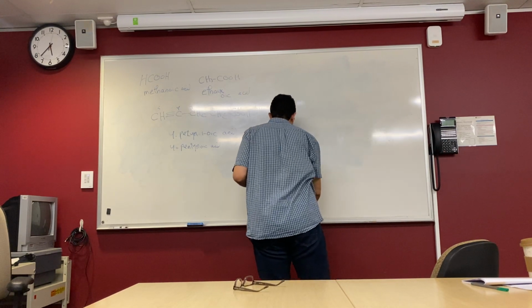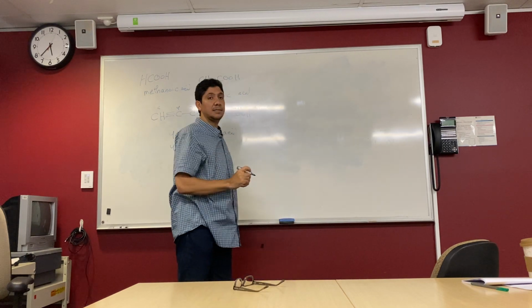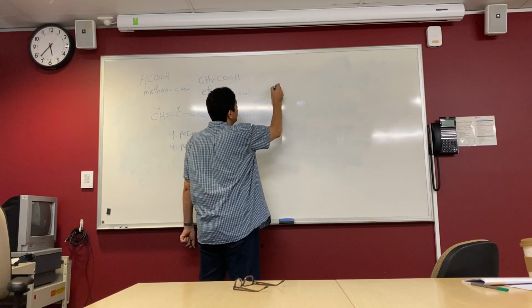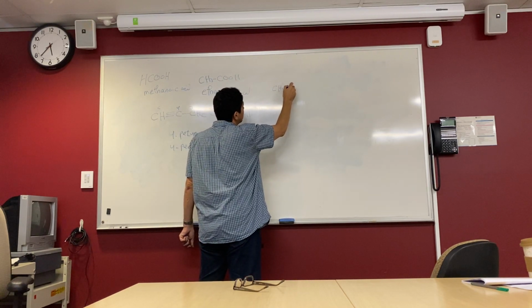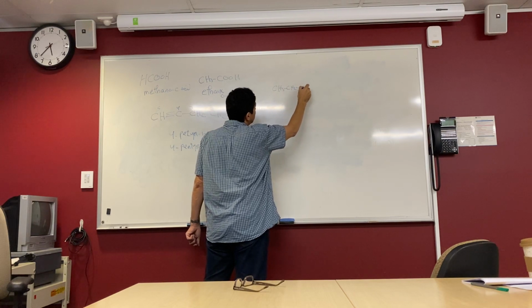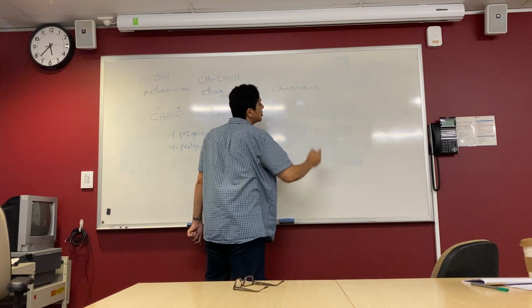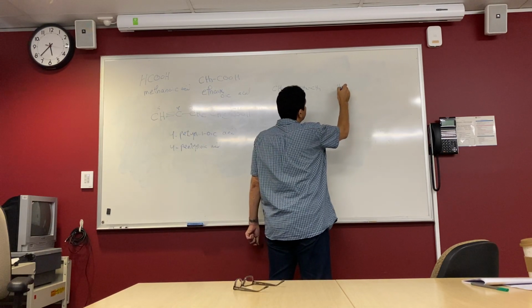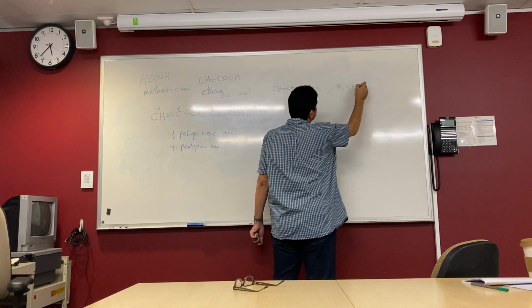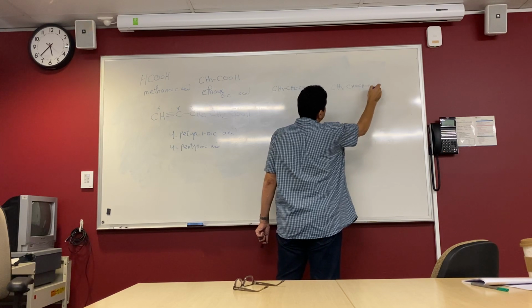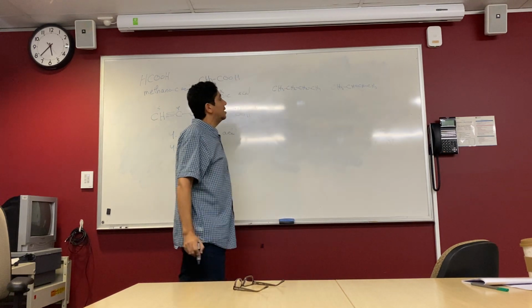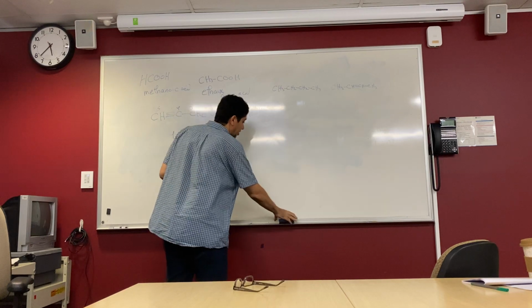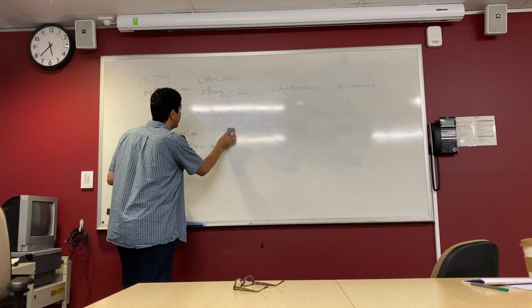So which is more reactive? An alkane, like butane for example. Is butane more reactive, or butene? Which is more reactive? To know which compound is more reactive, we need to see where is the functional group.